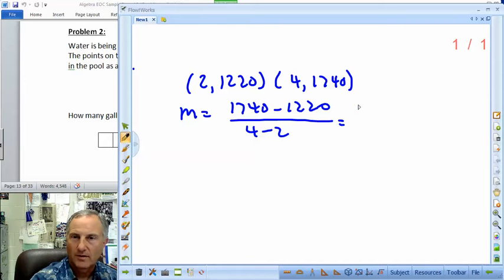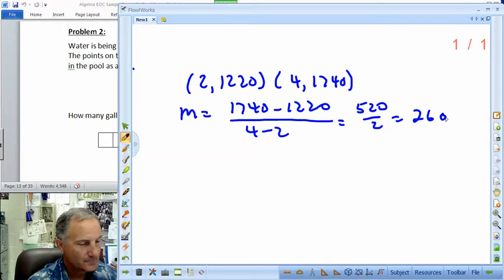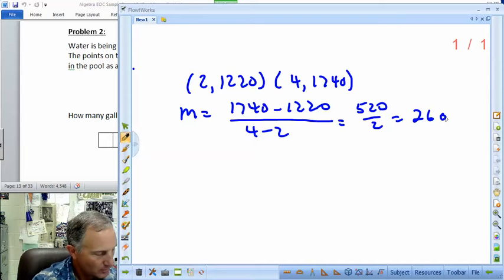We're going to get, what, 520 over 2. So that's 260 gallons per hour. Okay, 260 gallons per hour. That's my slope. And remember, put it all over the left or all over the right, but just don't write 260 right in the middle. Okay.